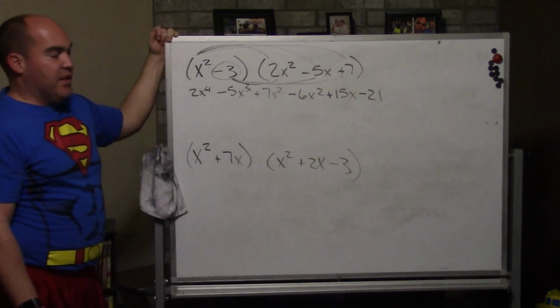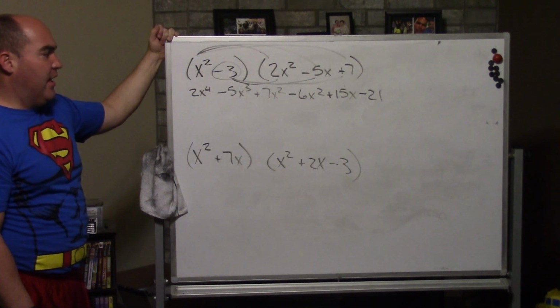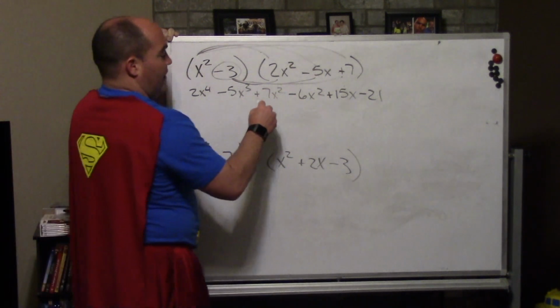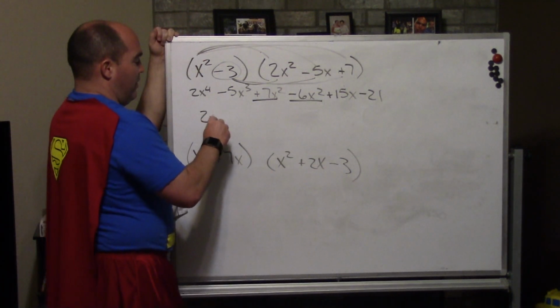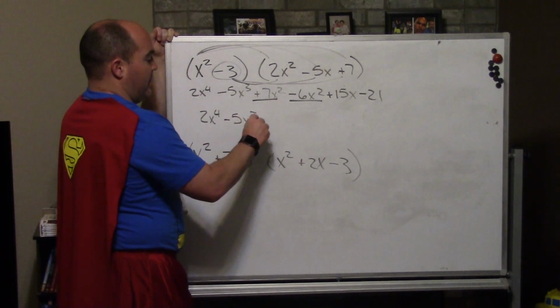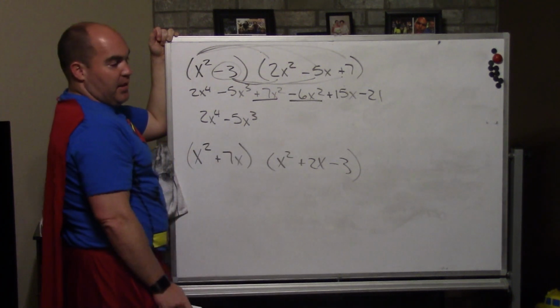So once again, I start looking for my like terms. It looks like this time my only like terms are the x squareds in the middle. So I've got my 2x to the fourth minus 5x cubed. Now I've got my 7x squared minus my 6x squared.